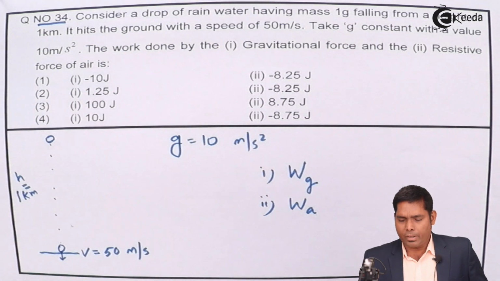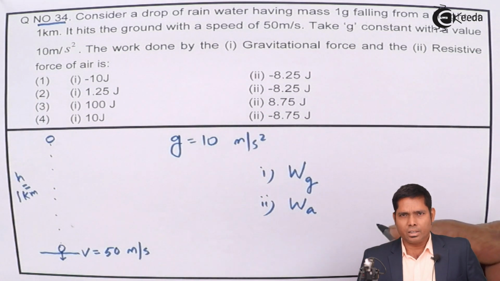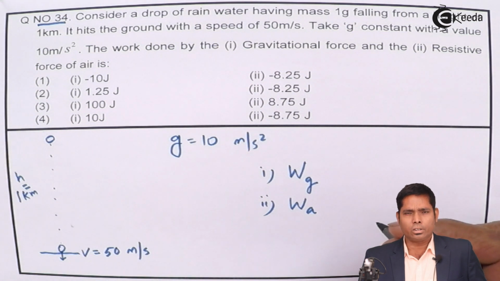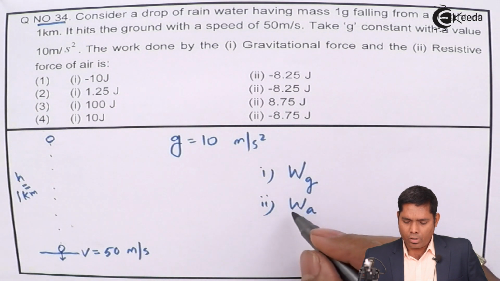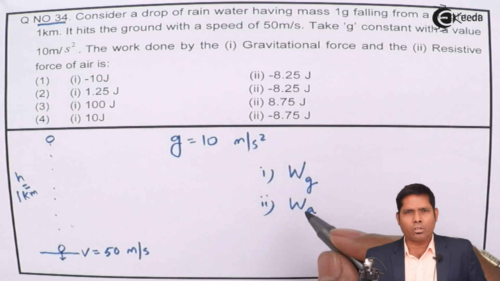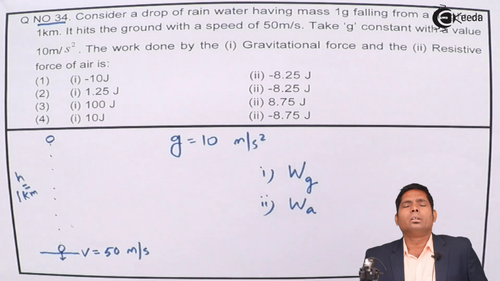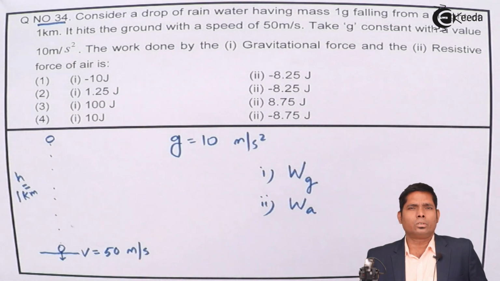Now basically when air resistance is considered, we have to look for the work energy theorem. In case of many works being done, we will go for the work energy theorem. The work that is known will be written and the unknown one will be found.